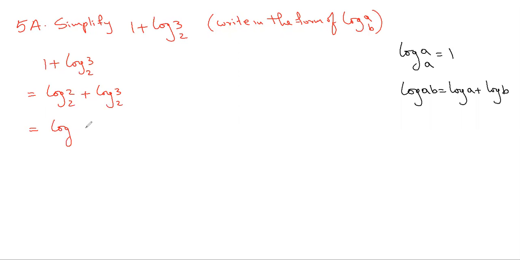So log a plus log b is log ab, the 2 times 3, base 2, right? Log a plus log b is log ab. The base is same, right? So now we are able to write this as log 6 base 2. So that's what they mean: simplify and write it as a single log function.